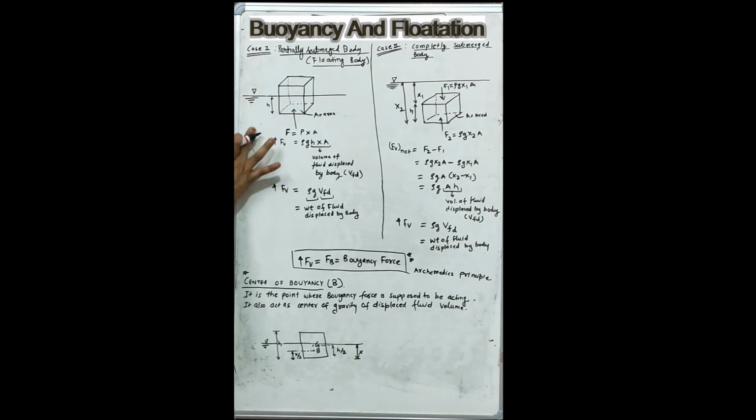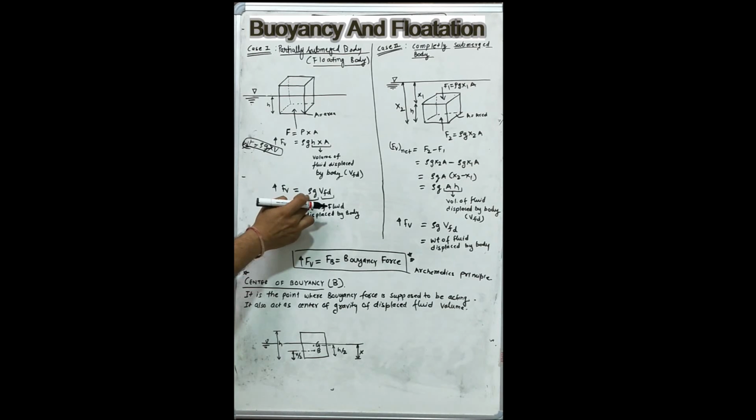So specific weight is nothing but rho into g, and rho into g into volume is nothing but the weight of the fluid. So this rho g v is nothing but the weight of the fluid displaced by the body.